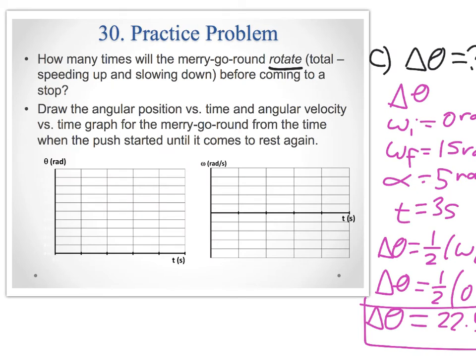Last thing we want to do is draw the position versus time and velocity versus time graphs for this. Speeding up is what's happening initially, so that's going to look something like that on my position versus time, and something like that on my velocity versus time. After that point, where we stop pulling, at 3 seconds, I'm going to start slowing down, eventually coming to a stop.